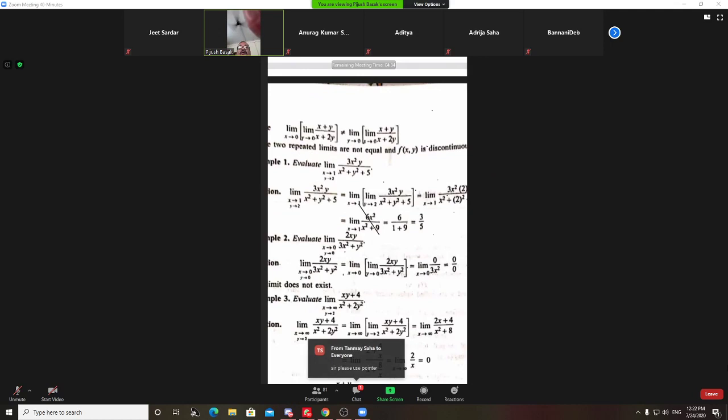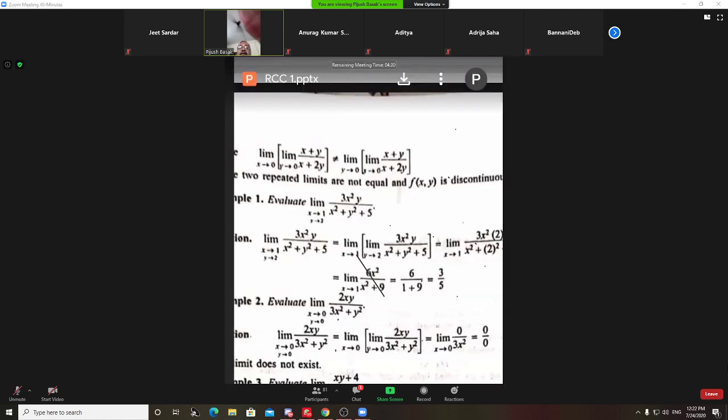Right? Then you have to substitute firstly y is equal to 2. You can see that first I have substituted y is equal to 2 here. Then I have substituted x is equal to 1 there. And ultimately the value becomes 3 by 5.